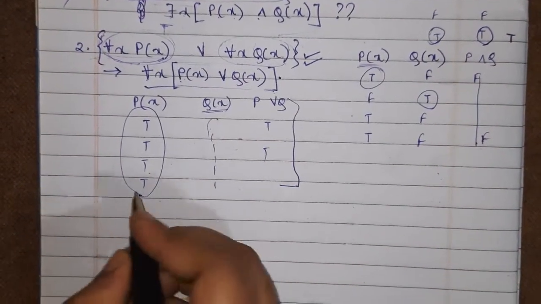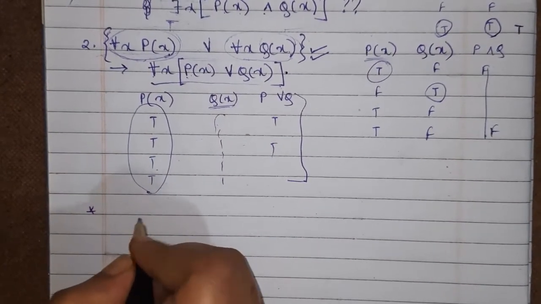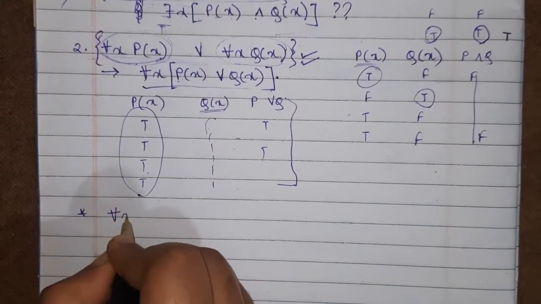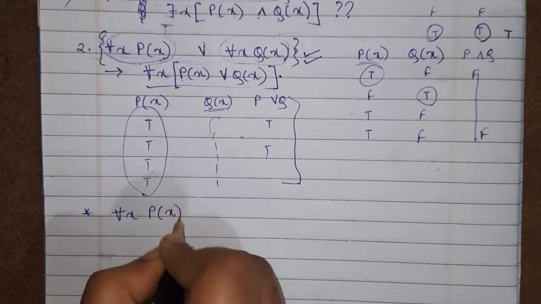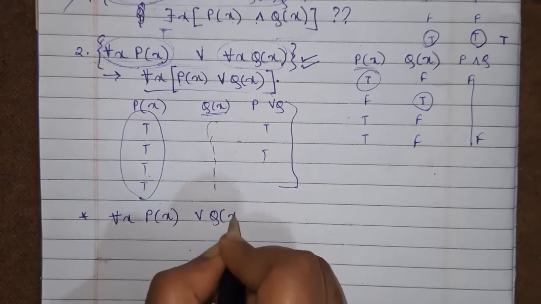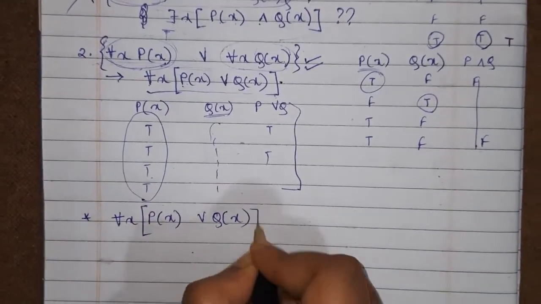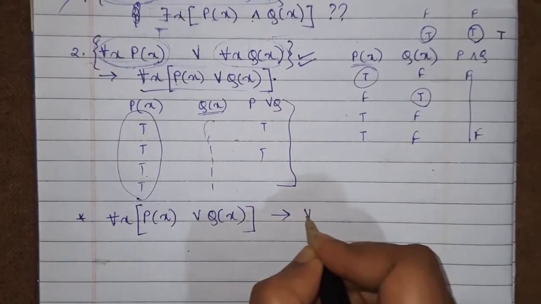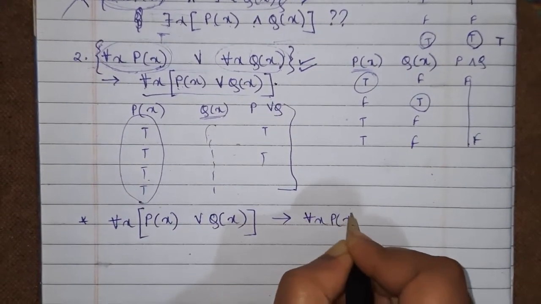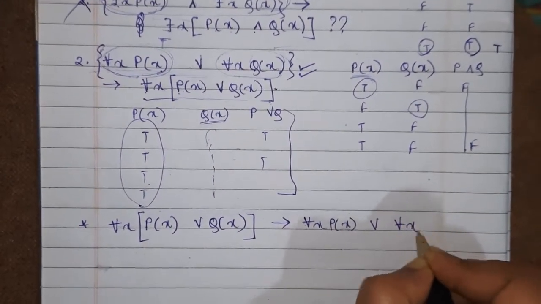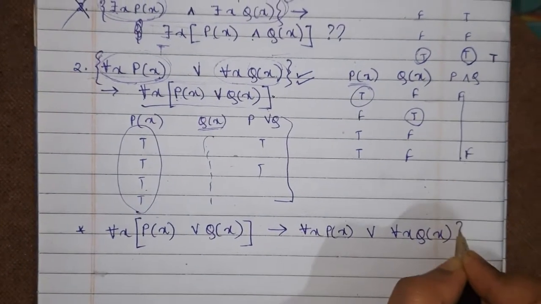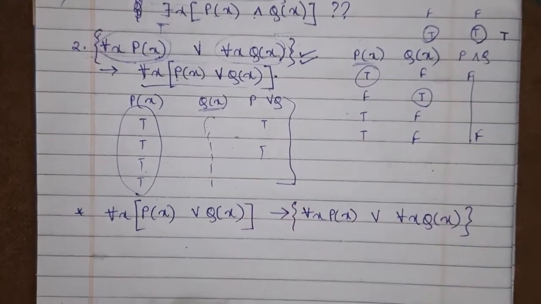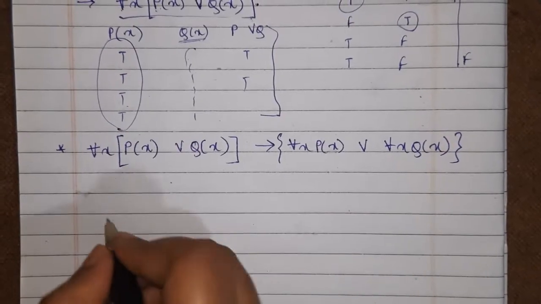Similarly, let's see if we can exchange and get for all x p of x or q of x. Does this imply for all x p of x or for all x q of x? Are these two the same or not?